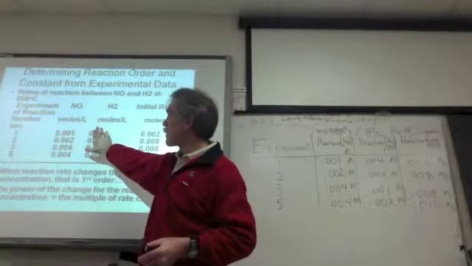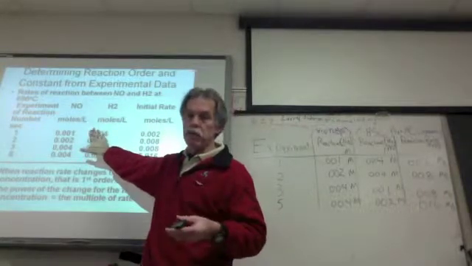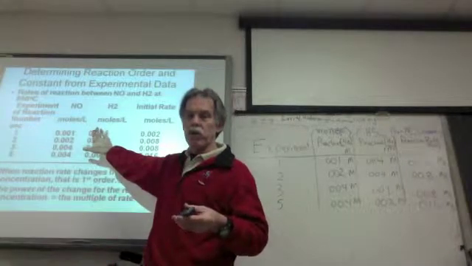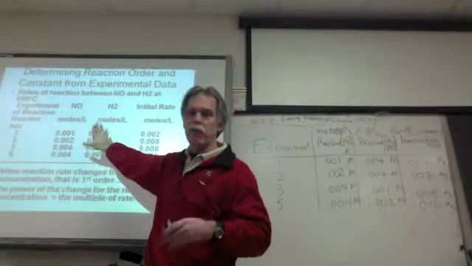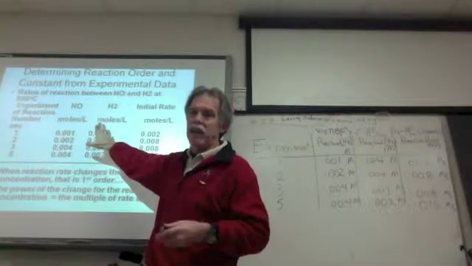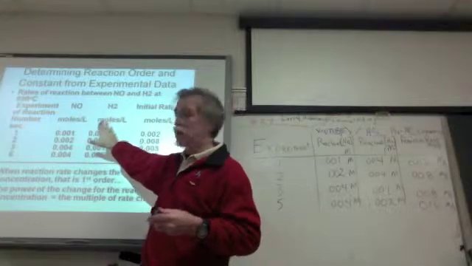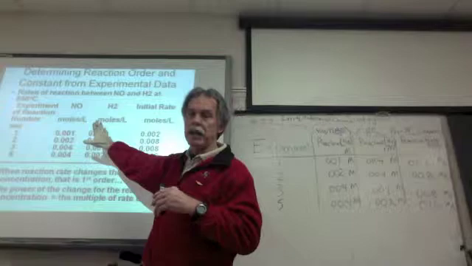And if we notice, the nitrogen monoxide doubles. When it doubles, if it were first order, that would be a power of 1. Then basically that's the identity for exponents. When you have something to the 1, it's not going to change the value. So if we doubled to the first power, that means it's going to double the rate.